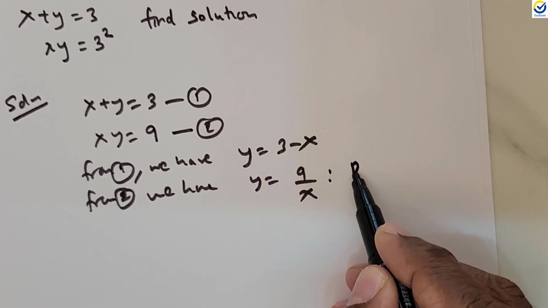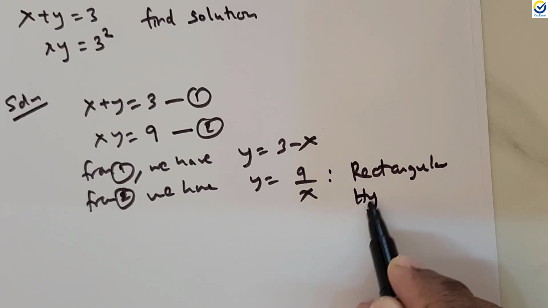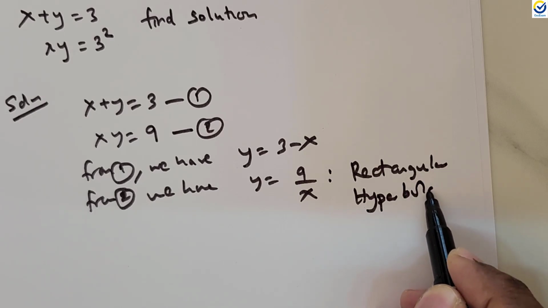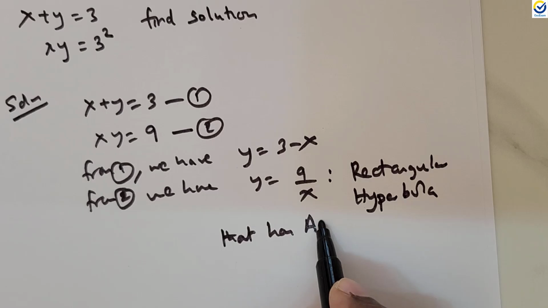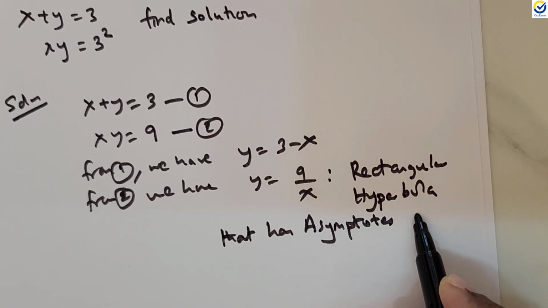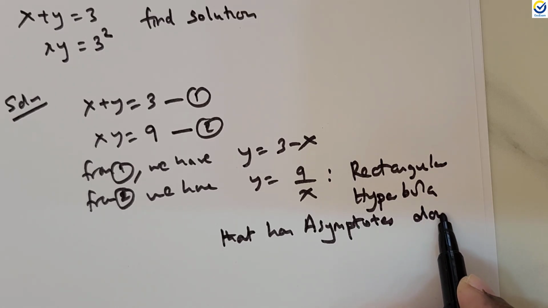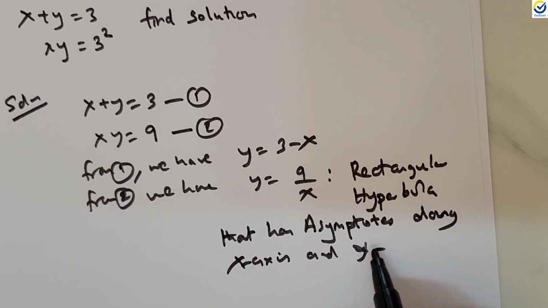Now this is a rectangular hyperbola that has asymptotes along the x-axis and y-axis.